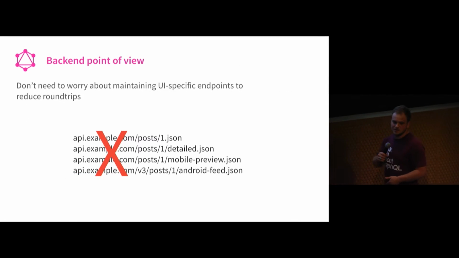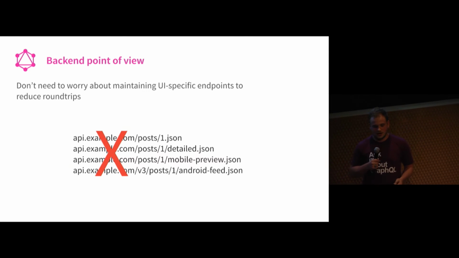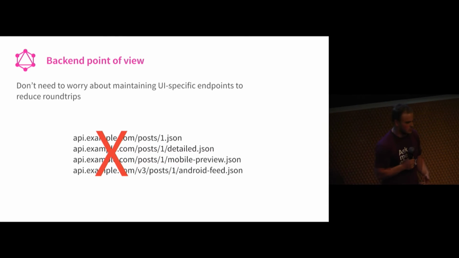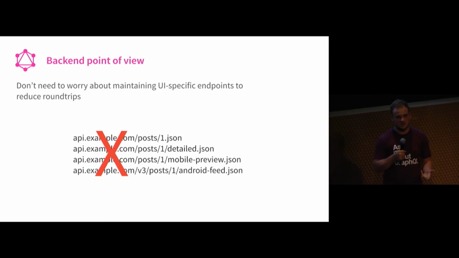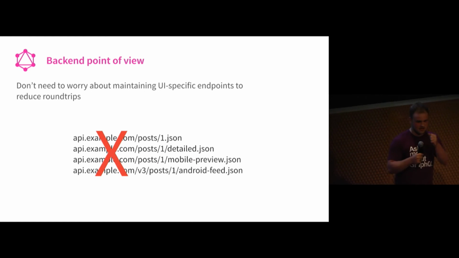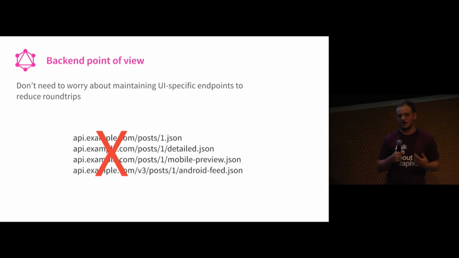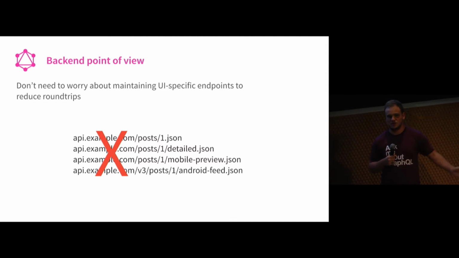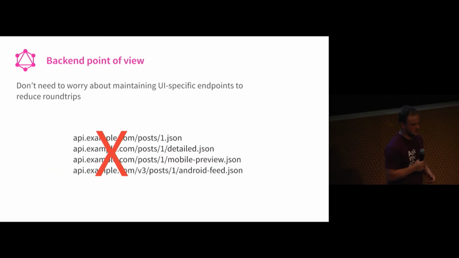Another really cool thing is about API versioning. So instead of saying, okay, we have the simple version of this endpoint, we have the detailed version of this endpoint, you can just add fields as new clients need them, and you don't have to remove old fields because they're not incurring any problems on the old clients. Whereas in some APIs, the more data you add to the response, the more the old clients are going to get slower because they're loading stuff they don't actually need.